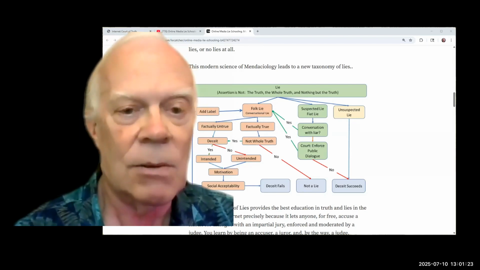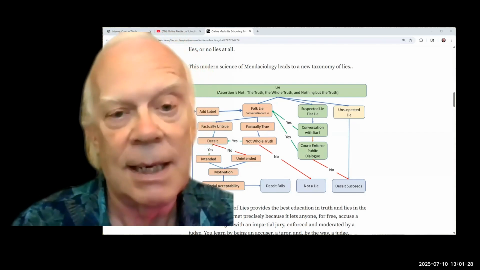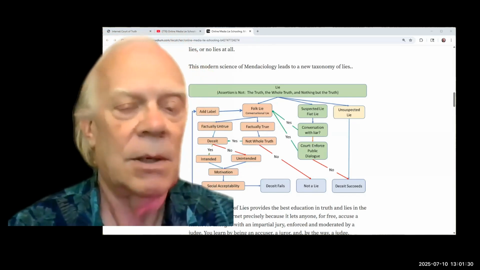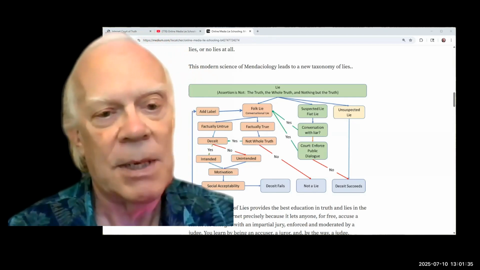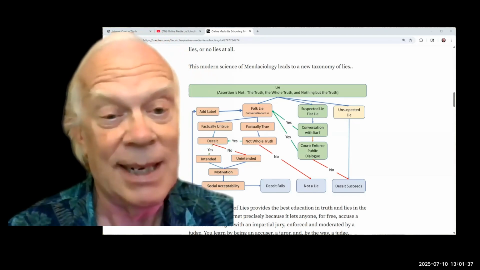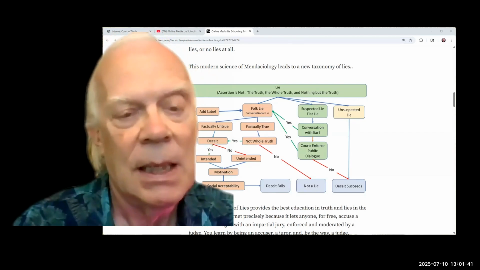Probably one of the best papers I found dated from the 1300s, which was weird. It's in my book.